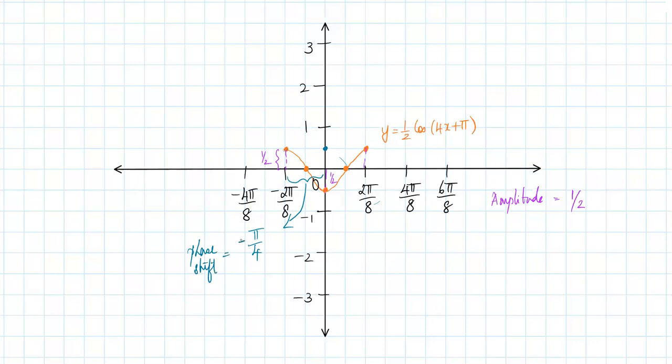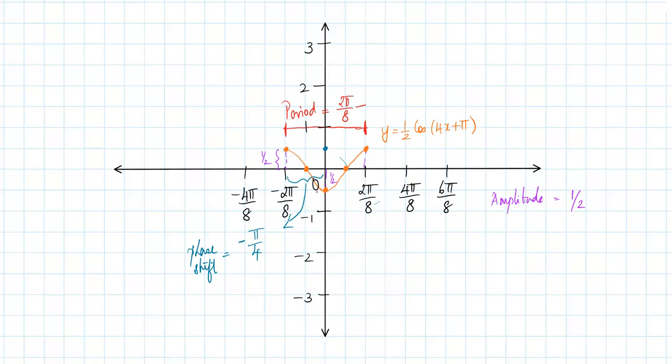We got that. And then let's check the period. The period starts here, and it goes all the way up to here, right? The end of the period, which is 2 pi over 8, minus the starting point of your period, which is negative 2 pi over 8.